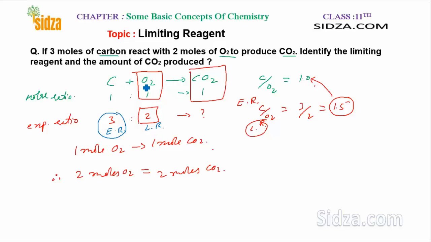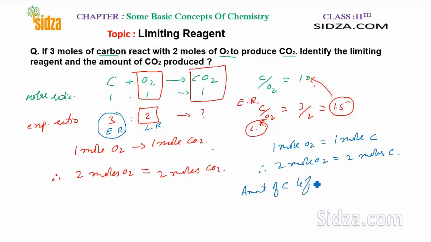From the balanced equation, 1 mole of oxygen reacts with 1 mole of carbon, and therefore 2 moles of oxygen will react with only 2 moles of carbon. Out of the 3 moles, the amount of carbon left will be 3 minus 2, that is 1 mole.